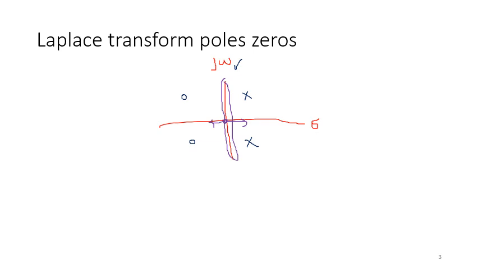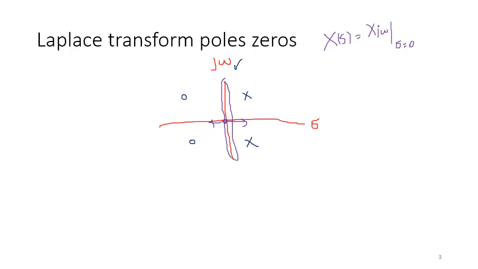So we can write that X(s), for those signals that are absolutely integrable, equals X(j omega), provided sigma equals 0.